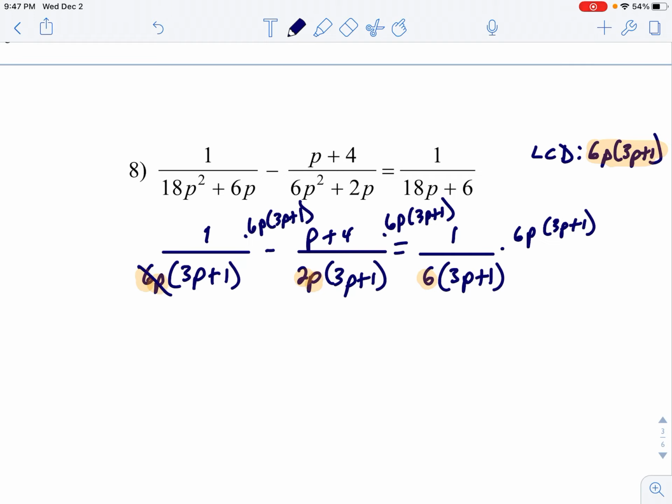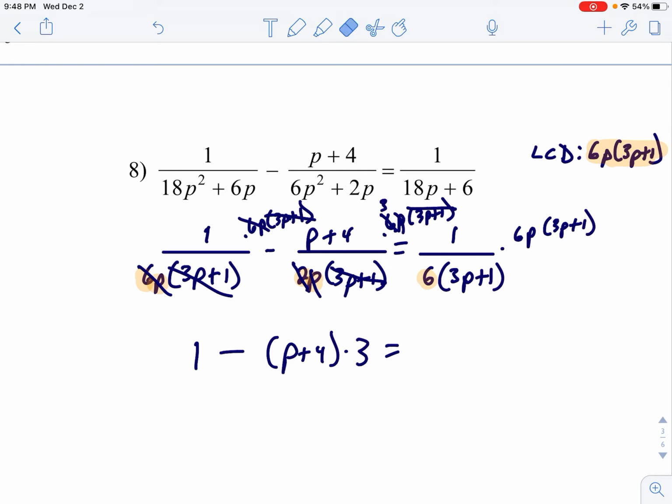First, everything cancels and we bring down a 1. Next, let's see, the 3p plus 1 cancels, the p cancels, 2 cancels with 6, but it's going to leave a 3. So what we have to bring down here is p plus 4 times 3. I could have done that step in my head, but I'm not going to.